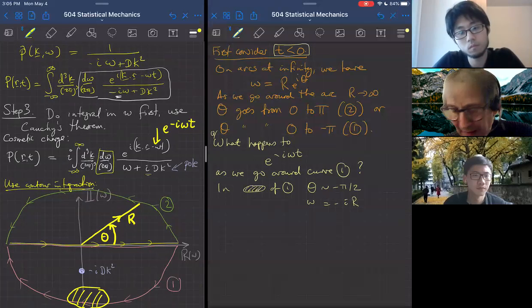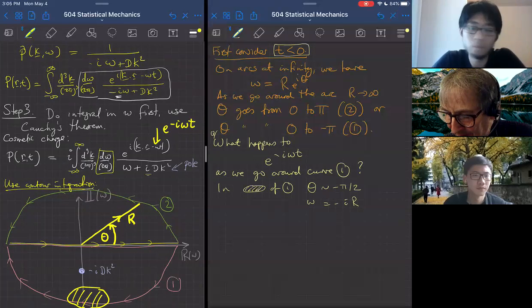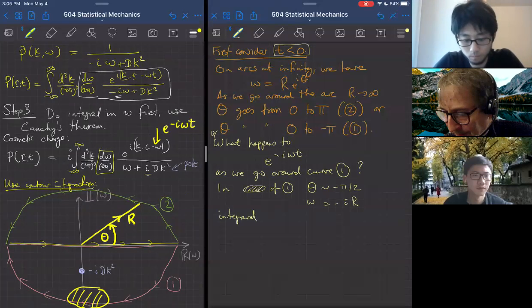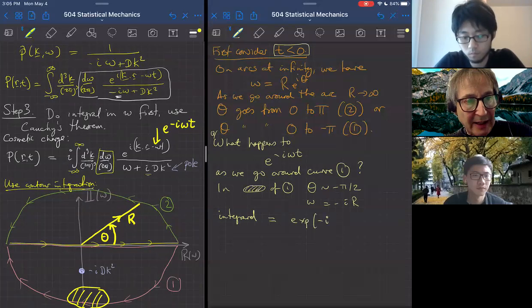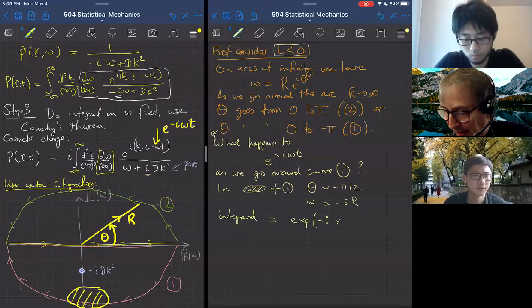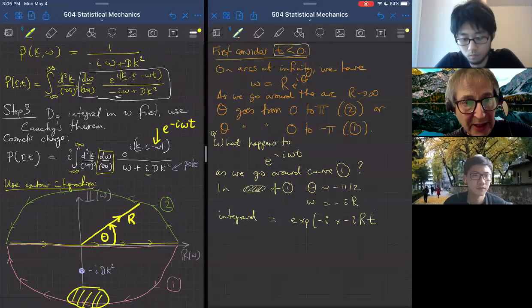And so therefore what that means is the integrand is basically this. It's exponential of minus I times omega t, and omega is minus I r, so that's minus I times r times t.